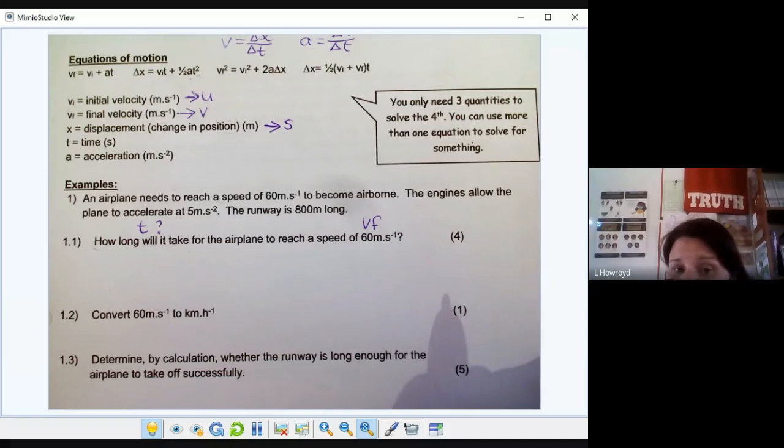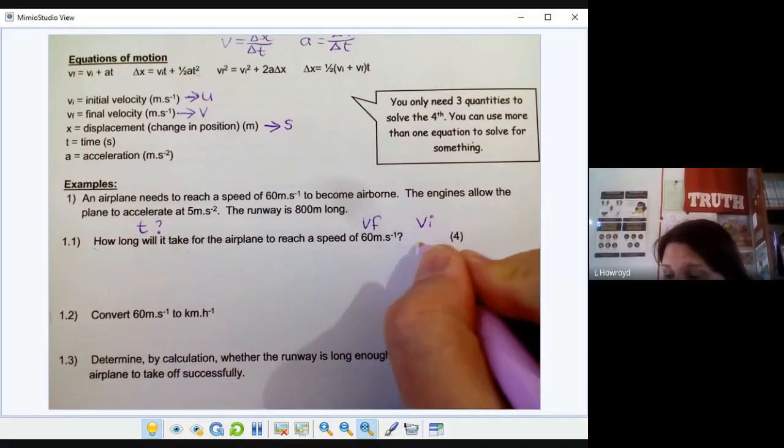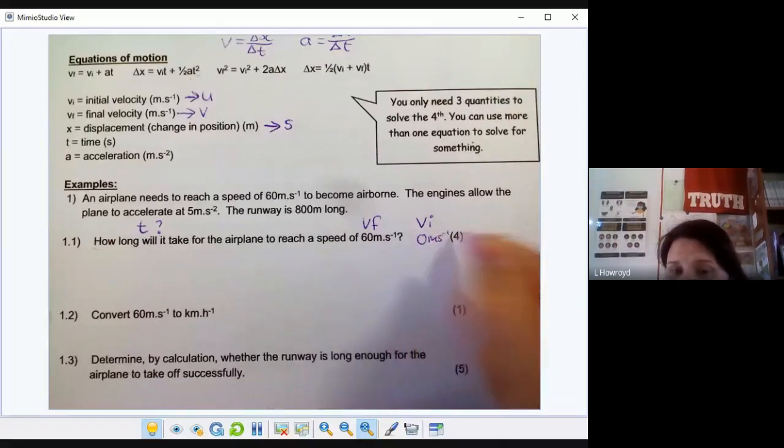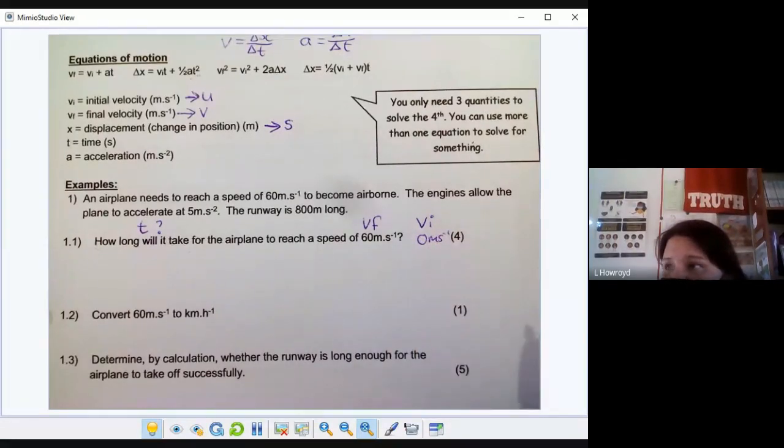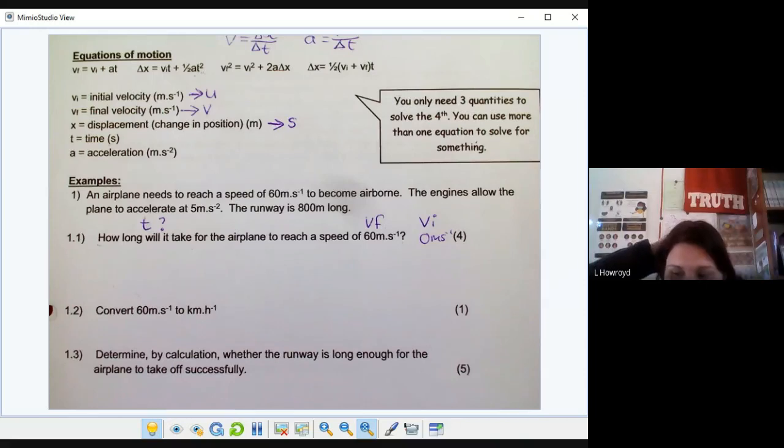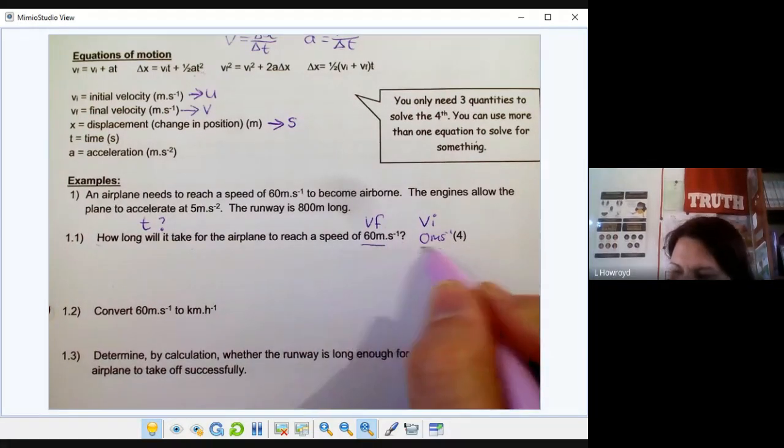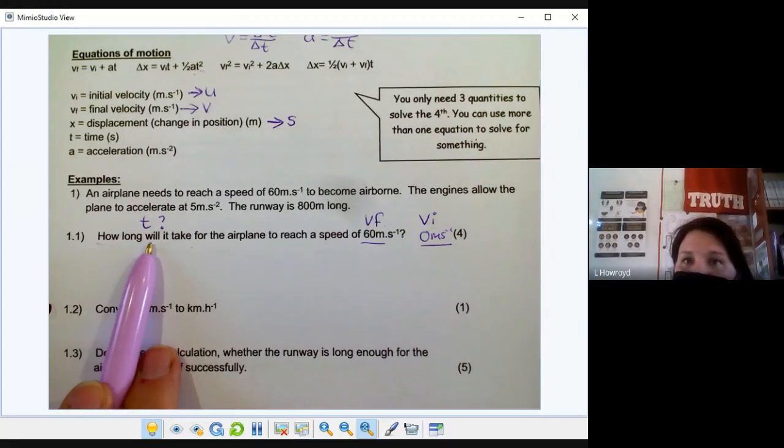What would the initial be? 0, absolutely. The initial would be 0 meters per second. All right, even though it doesn't say from rest. From just our general knowledge, we know that an airplane must start from rest and then speed up. Okay, so what else? So I have 1, 2. I don't have time. I'm looking, so I need one more thing.